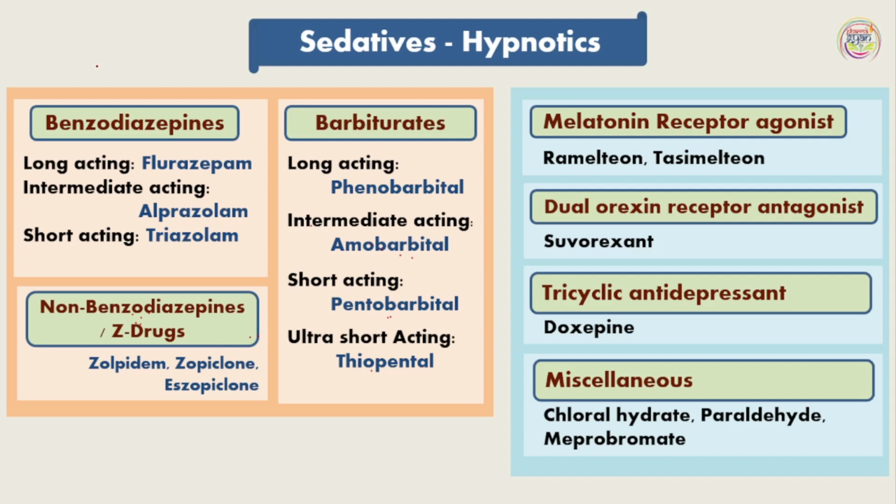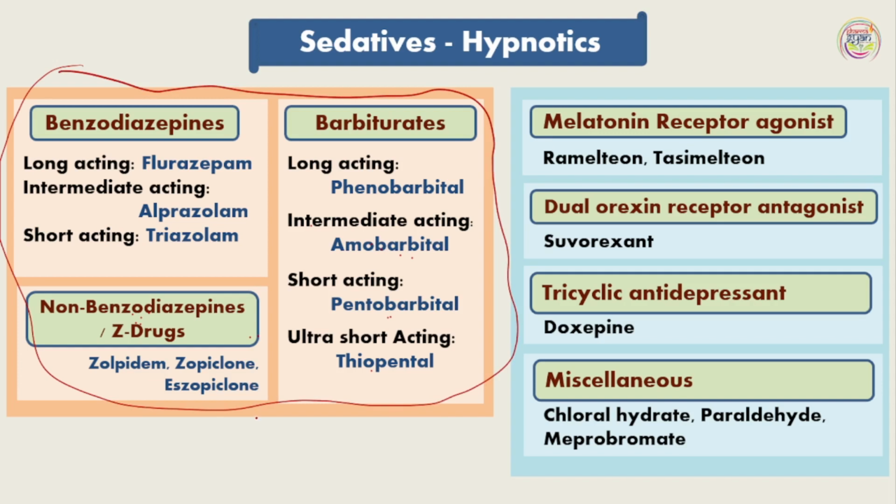Now if we look at these different categories, benzodiazepines, barbiturates and non-benzodiazepines or Z drugs produce their effect through the GABA A receptor.